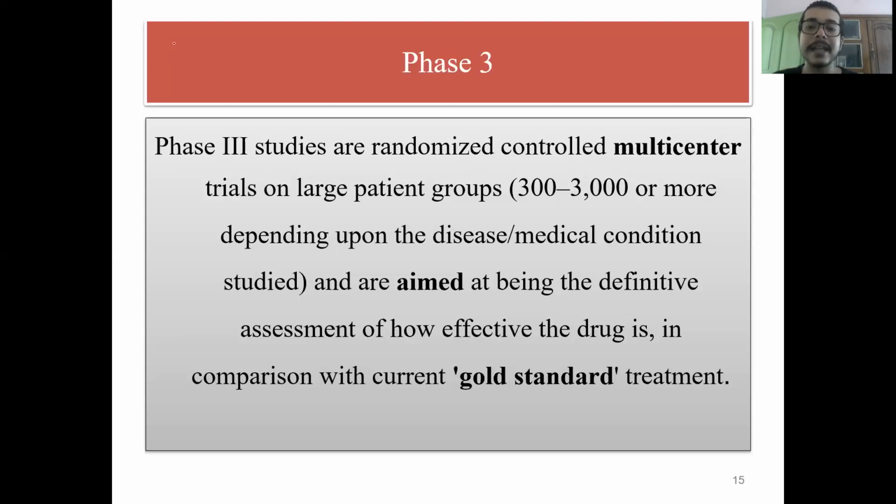Phase 3 trials are aimed at a definitive assessment of how effective a drug is, and a comparison with the gold standard. If there is any standard drug, suppose this year a COVID-19 therapy or medication is being developed.